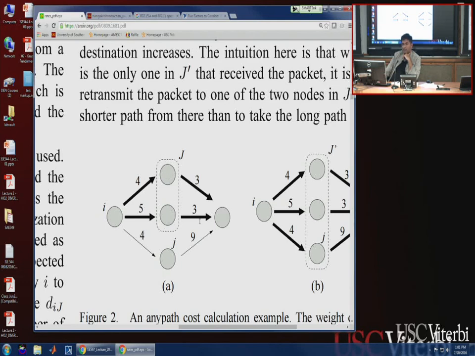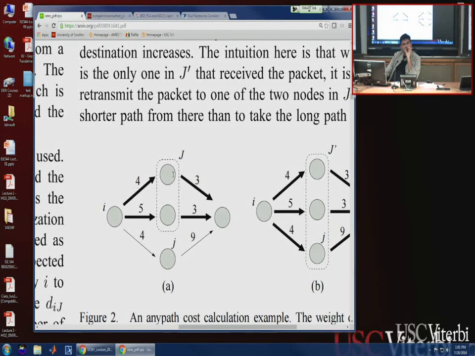In fact, it looks like it doesn't matter. But if for some reason this node didn't hear it when you sent the message and this node heard it, then instead of insisting that the route must go through that first node, what if you were flexible and allowed the second node to forward the packet? Then for the same cost that the first one would have taken to forward the packet, this one could also forward the packet. But what you've saved on is having to retransmit the message back to the first node.